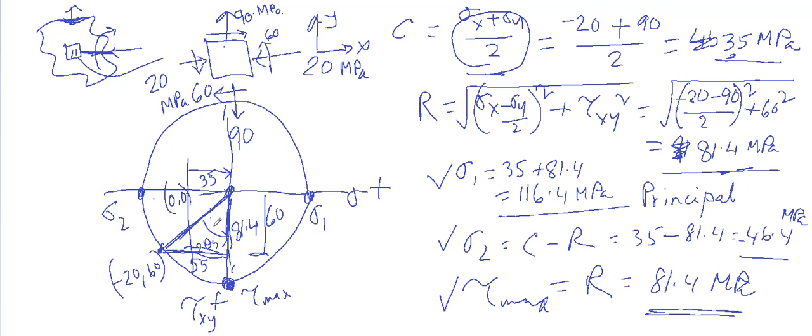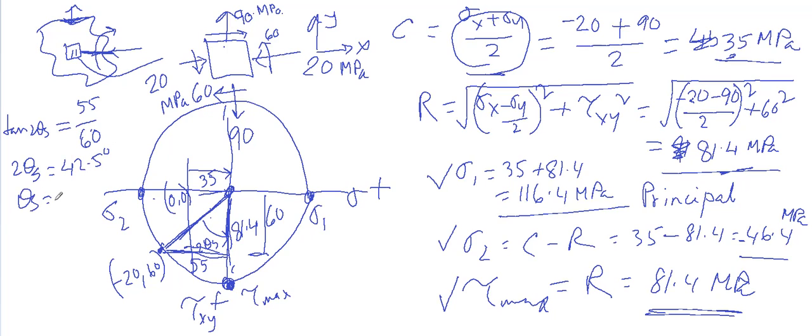So let us assume the tangent rule. I like tangent. So tan twice theta s is, so tan of this angle, that means opposite by adjacent. Opposite is 55, adjacent is 60. So from solving we will get the angle is 42.5 degrees.